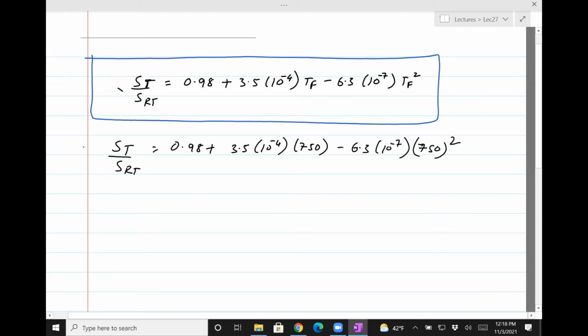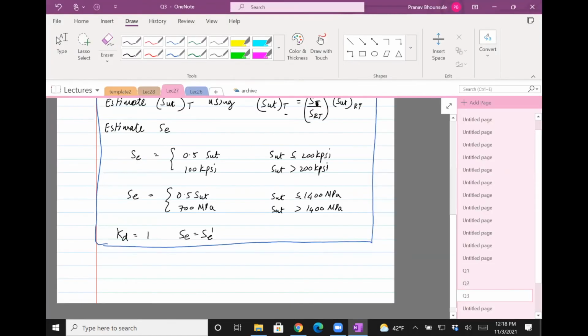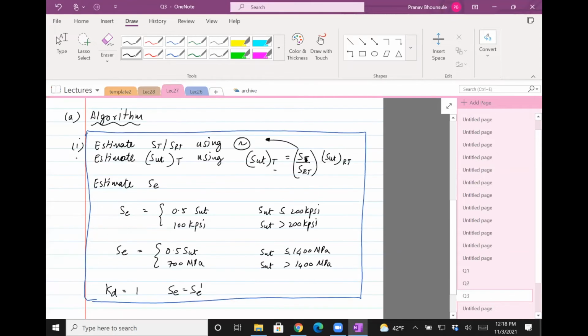So this is our, let's create a different symbol for this, say 1. Okay, SRT is 0.89. Okay, and then I should have probably done this. This is 1. This is the number 2, which I'm trying to do. And this is the number 3.